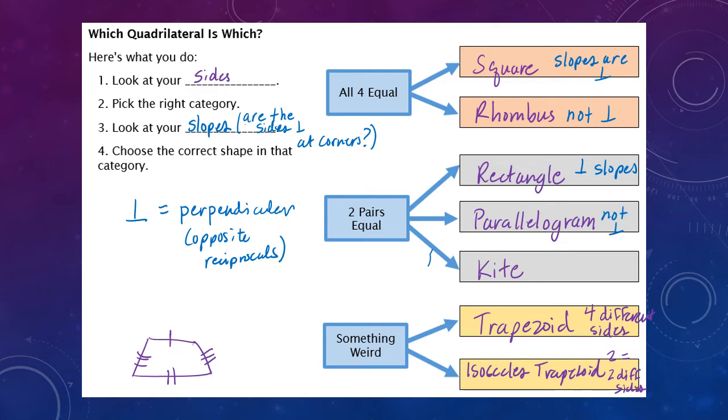And then a kite is kind of weird. You don't necessarily need to look at the slopes, because looking at how the corners of a kite measure up as far as their angles go isn't going to help you identify that it's a kite. What's going to help you identify it, and I should have probably written this down when we were talking about the sides, is that when you look at the sides that you're given, the 2 that are next to each other are going to be the same, not the 2 that are opposite.